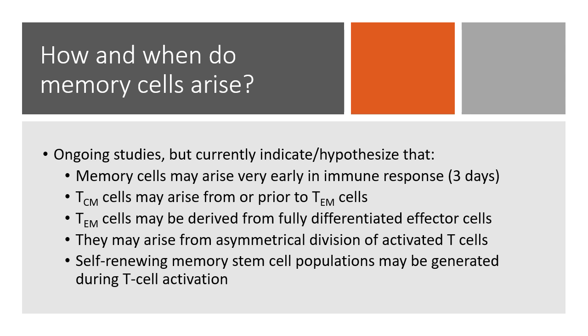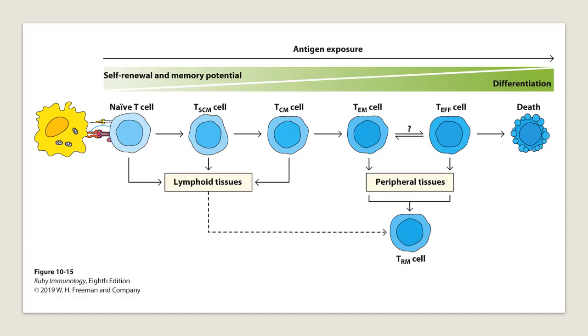There's also some evidence that they can come from effector memory cells, which is what we normally think of the central memory cells as developing into. So there's a little bit of questionability about which order these two processes go in, or whether there actually is an order. It may just be a mix of both. But to the best of our current understanding, this is kind of what we're dealing with.